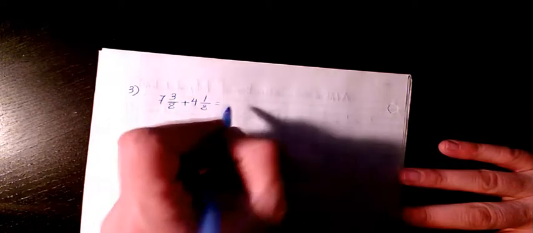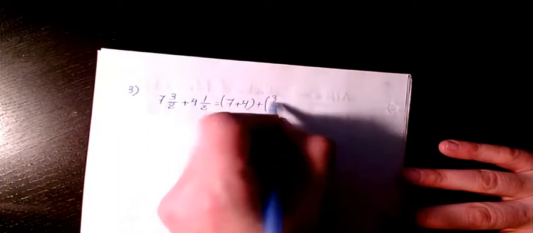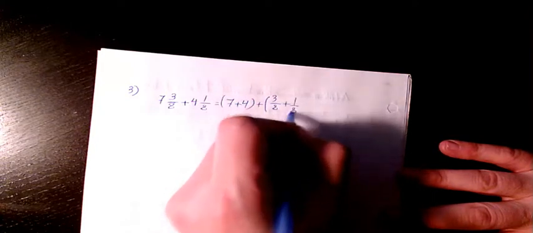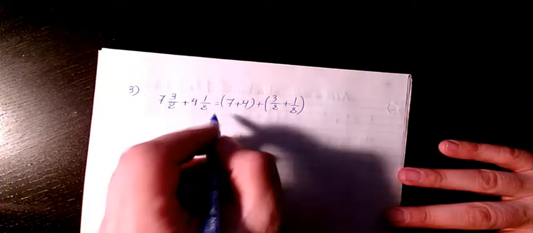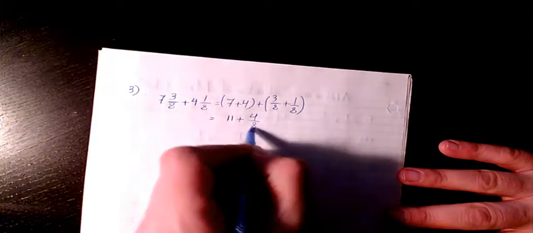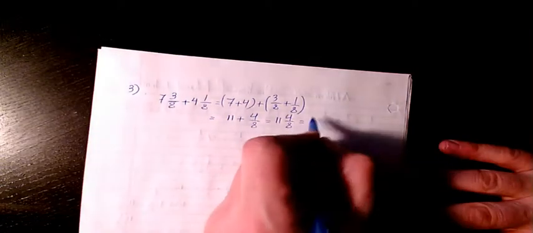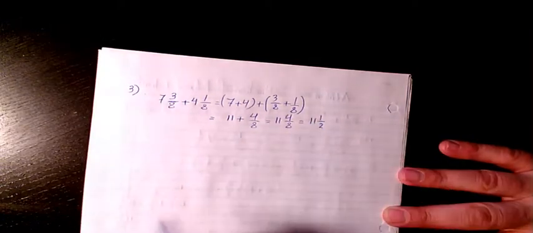It will be 7 plus 4 plus 3 over 8 plus 1 over 8. So I will have 11 plus 4 over 8. So it will be 11 4 over 8. And if I reduce this one, it's going to be 11 1 over 2.